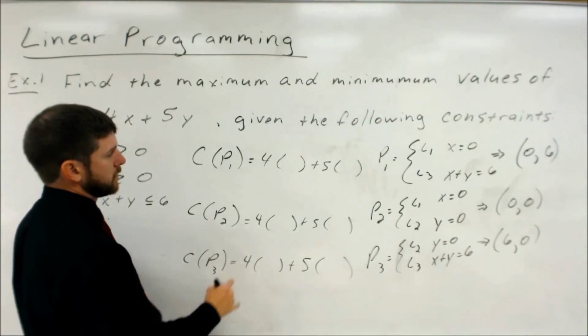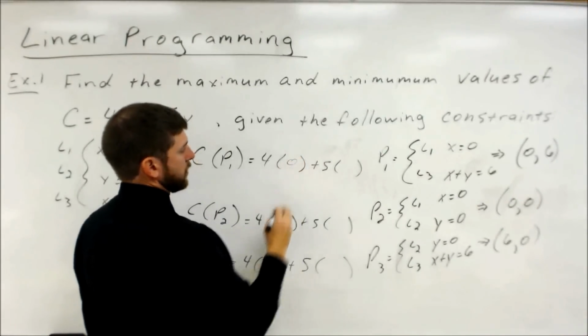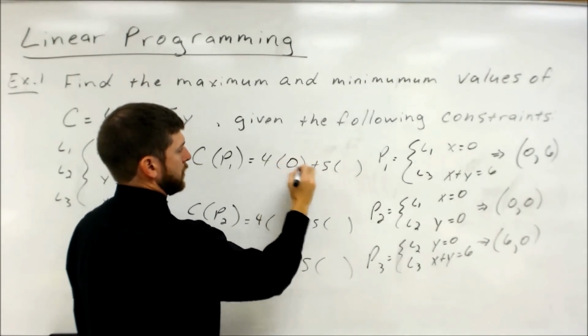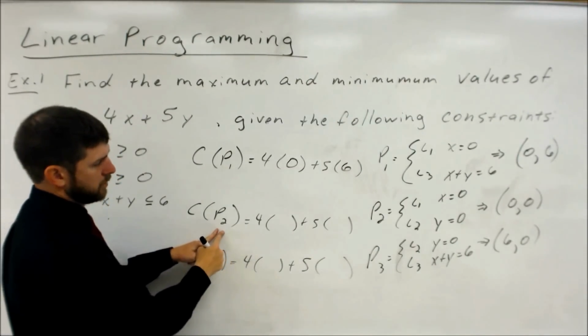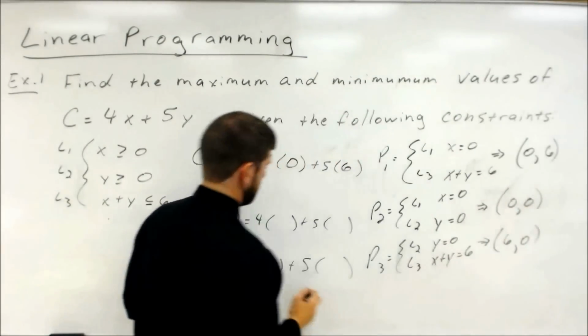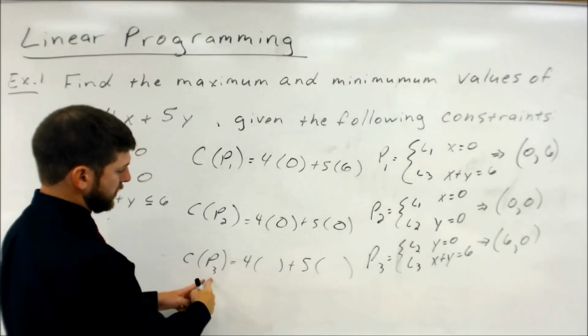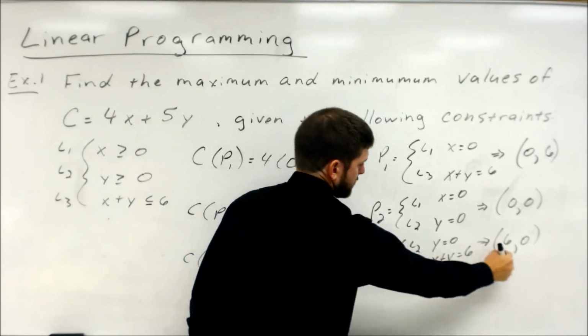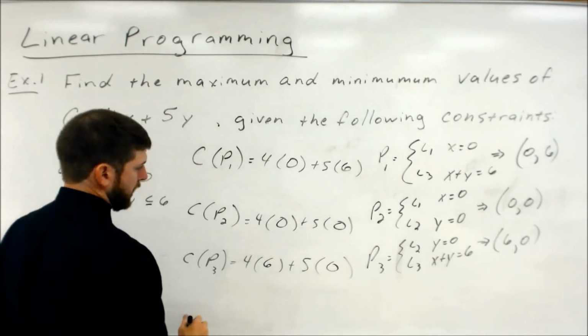So now we just plug in. P1 is 0, 6. So 0 goes in for the x. 6 goes in for the y. P2 was 0, 0. 0 for the x, 0 for the y. P3 was 6, 0. 6 for my x, 0 for my y.